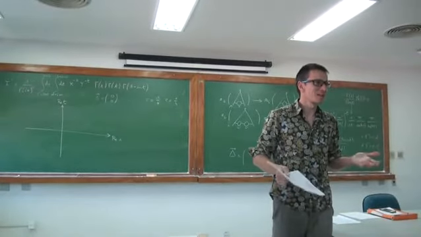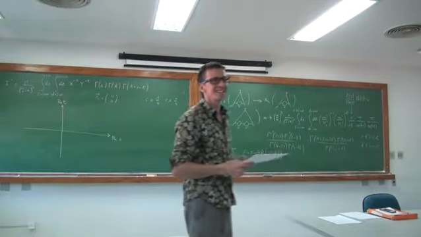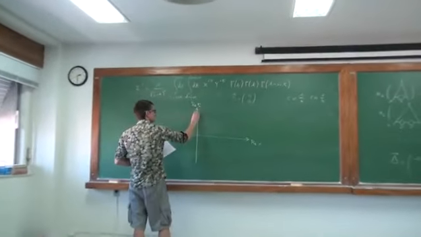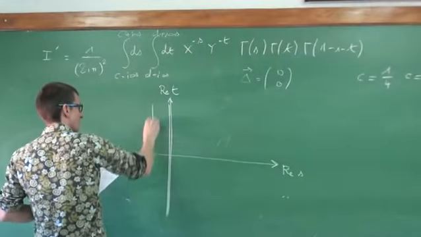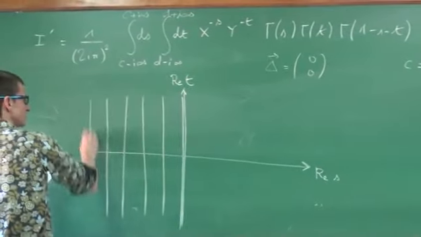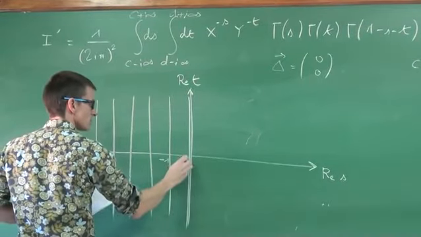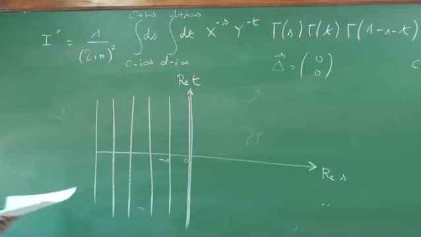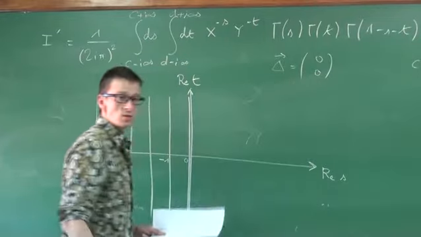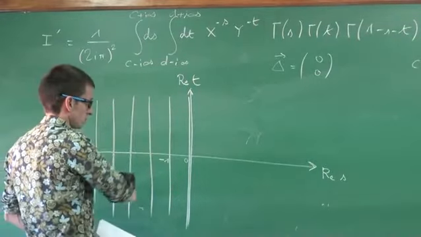Where? Which place? Integers. Negative integers. Okay? Here. Minus 1, 0. Okay? And in T, the same way.